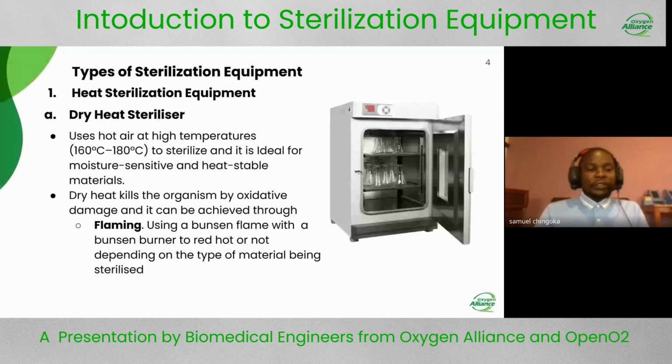This is in the range of 160 to 180 degrees centigrade. Of course, temperatures may exceed this range depending on the type of pathogens that we want to eliminate, based on the standard that is used on tools. So basically that's the range. With dry heat, we kill the organisms by oxidative damage.